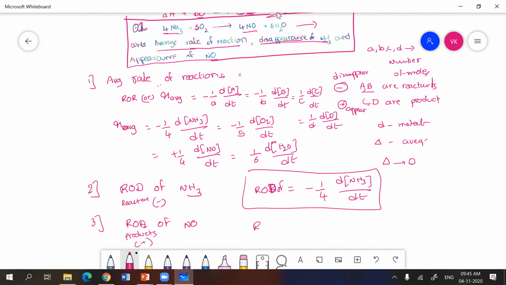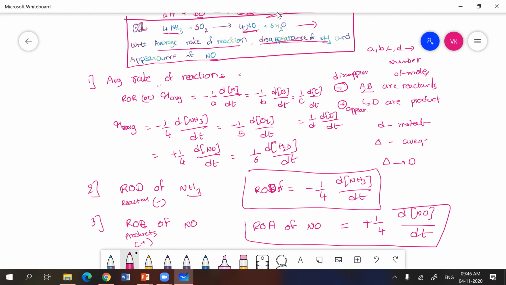Now, the rate of appearance of NO: where is NO? Here it is. What is the molar value? The number of moles is 4, so 1 over 4, change in the concentration of NO with time, which should be positive, not negative. In this way, any problem they give you in this model, you can solve. If you understand this.